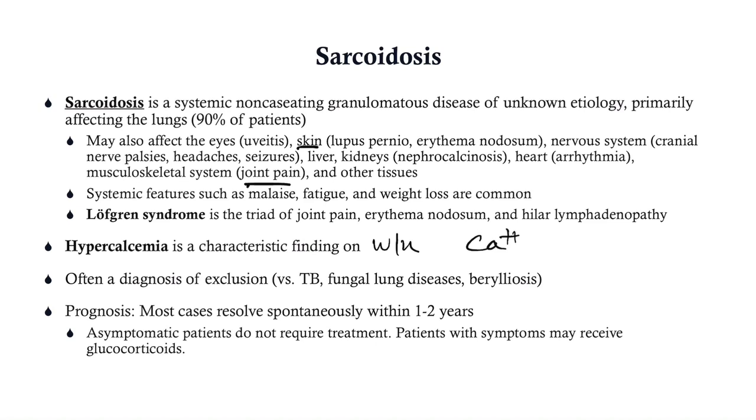Now, if the patient has symptoms, like in this patient, joint pain, ocular manifestation, difficulty breathing, then go ahead and give glucocorticoids like prednisone. If that doesn't work, we can look at things like methotrexate and infliximab, but that's not where we start.